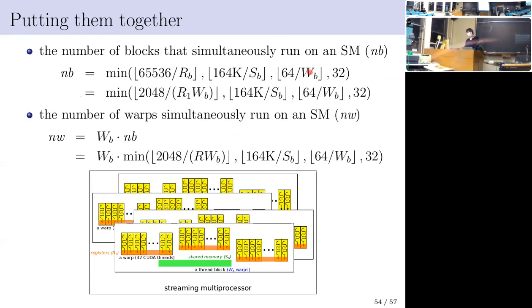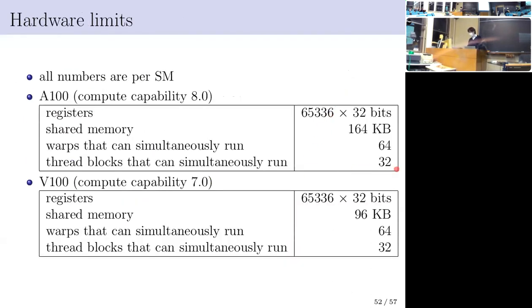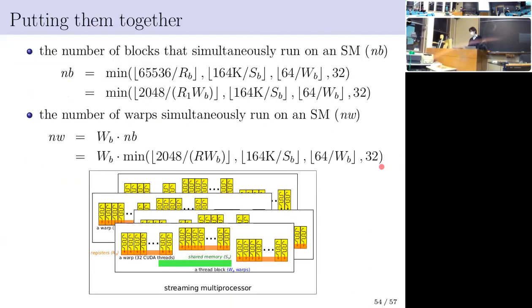For example, if each thread block has 3 warps inside, then you can execute only up to 21 thread blocks at a time, right? And 32 is simply the direct limitation on thread blocks. So you get all these four quantities and take the minimum of them.